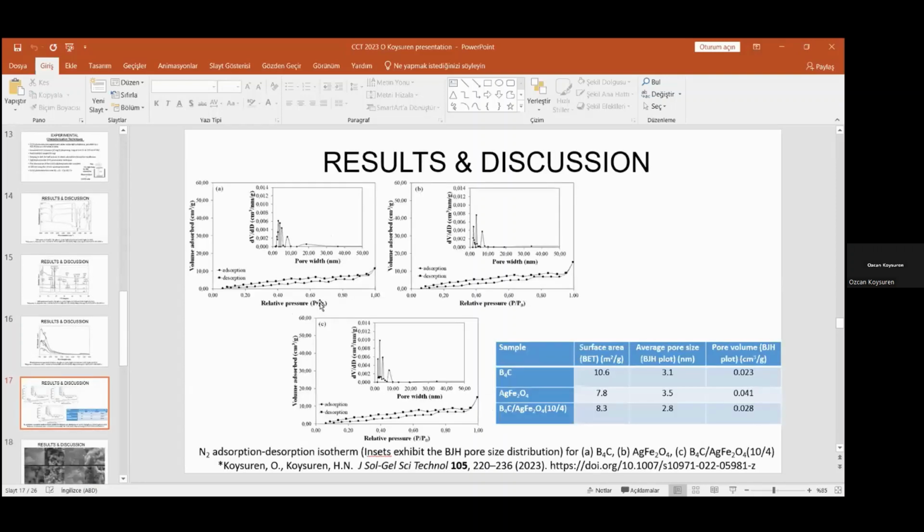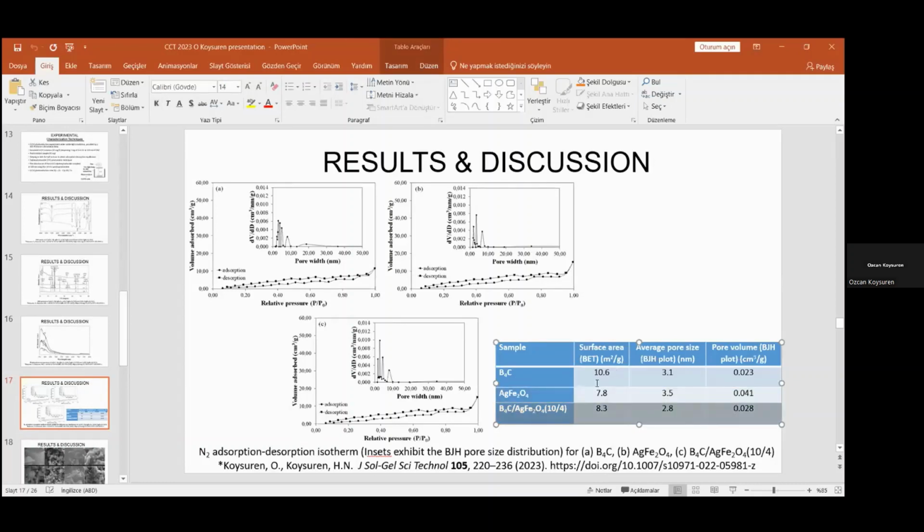Here you will see the nitrogen adsorption-desorption isotherms. We did this experiment to see whether there is a surface area effect on the chromium-6 removal. On the table, this one belongs to boron carbide, this one belongs to silver ferrite, and this belongs to the composite sample.